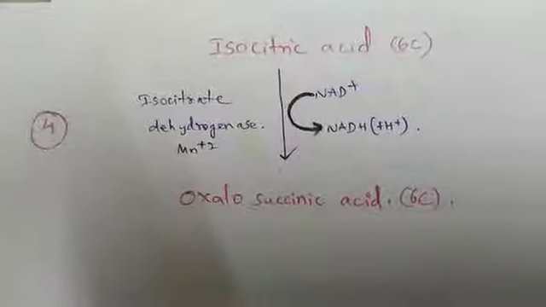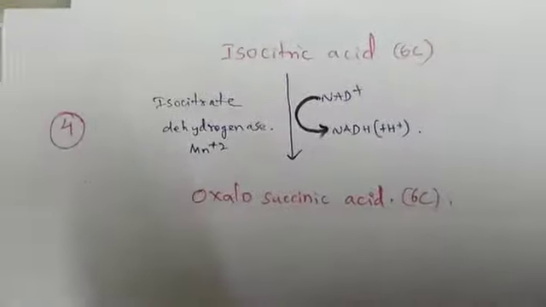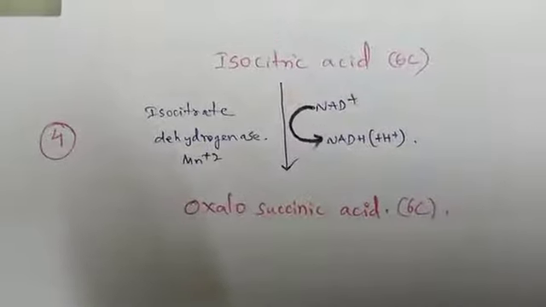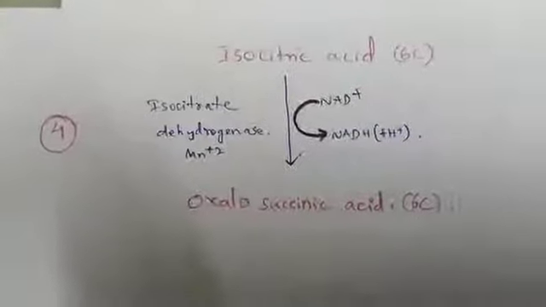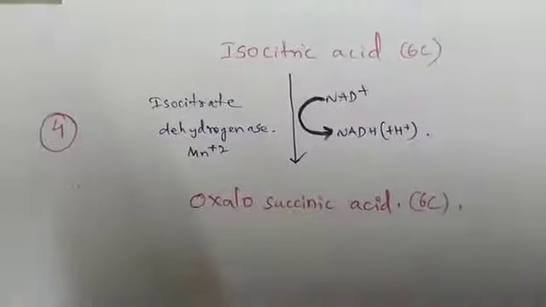Isocitric acid undergoes oxidation, that is NAD plus is converted into NADH plus H plus in the presence of isocitrate dehydrogenase enzyme and Mn+2 ion. Hence isocitric acid forms oxalosuccinic acid.